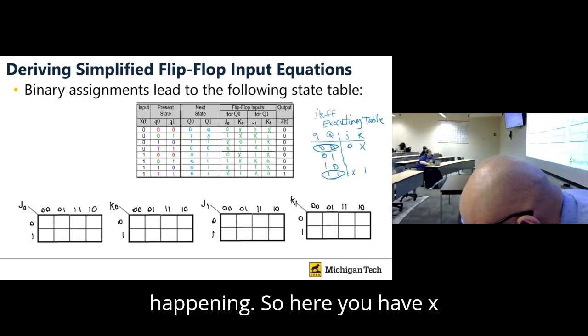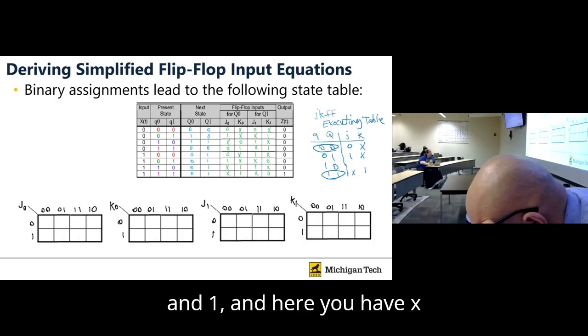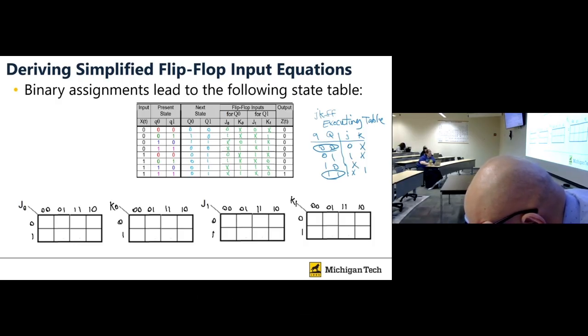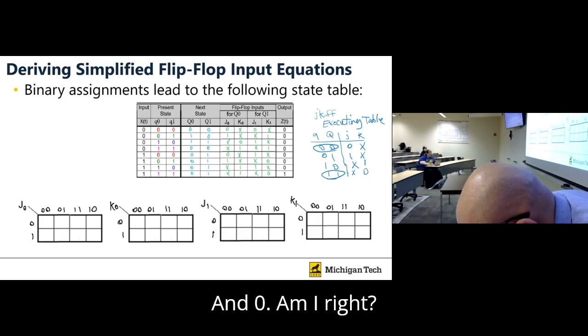So here you have X and 1, and here you have X and 1. And 0, am I right?